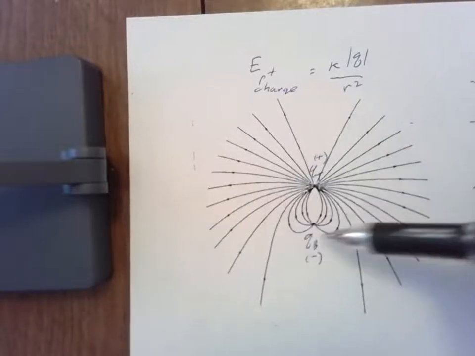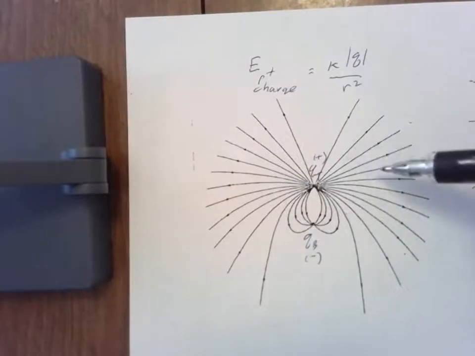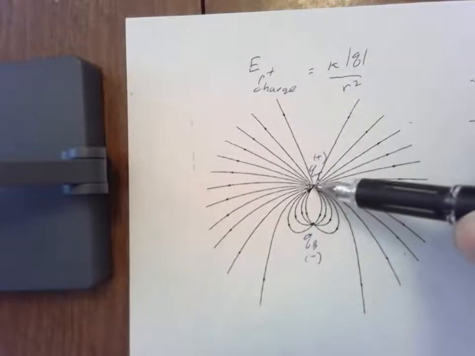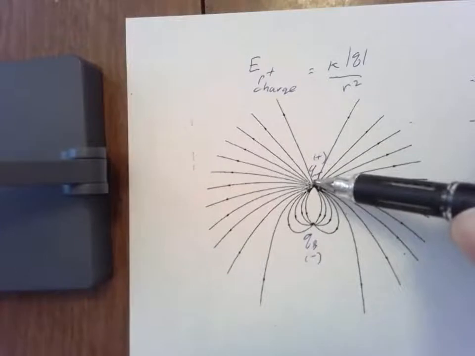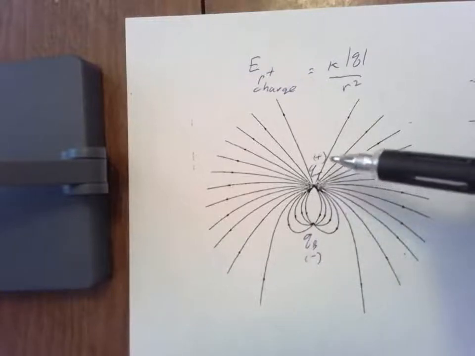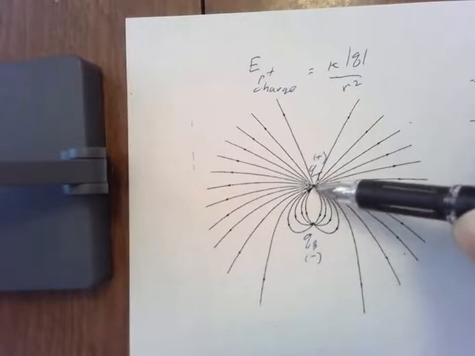Now what we're looking at here is actually the net electric field made by both charges combined. However, if we're close to Q top, then we can understand that the electric field when we're very close to Q top is mostly due to Q top.